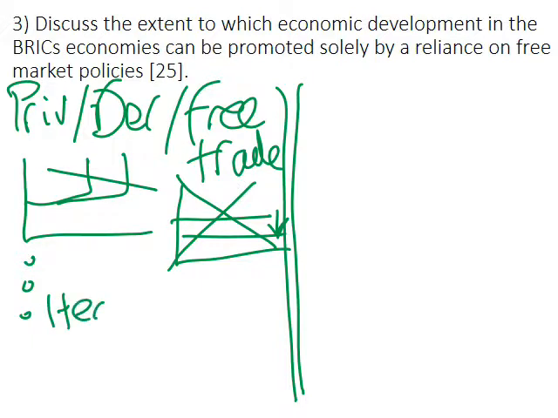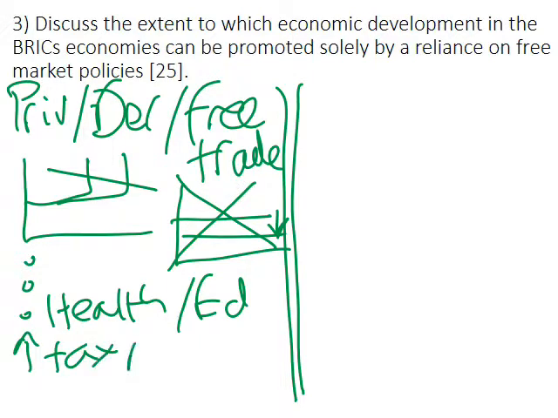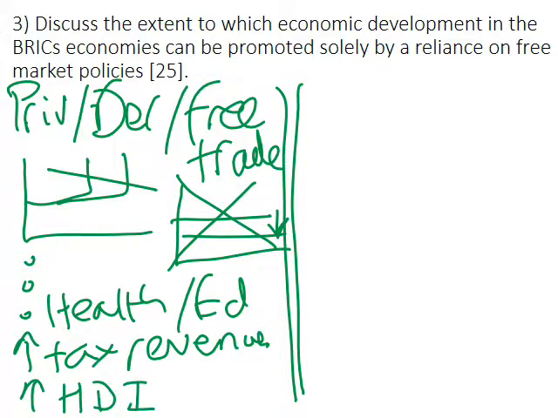So you've got healthcare as a problem, you have education as a problem. One way you could link that through FDI would be the increase in tax revenues for the government. So if there were greater tax revenues from FDI, from free trade, then that would allow you to invest in health and education, and that would help to improve the HDI of Brazil.